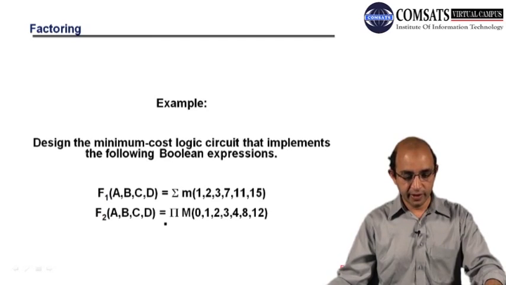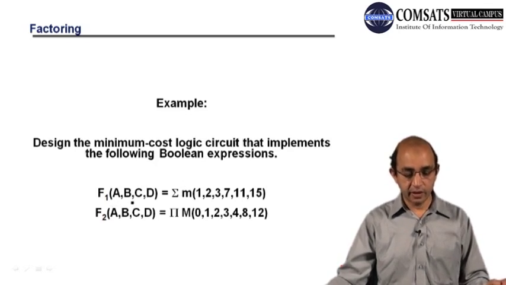And here we have another example as homework. Here we have to focus on minimum cost logic. You can see we have a Boolean expression that is a function of 4 variables A, B, C, D, and these are the min terms.